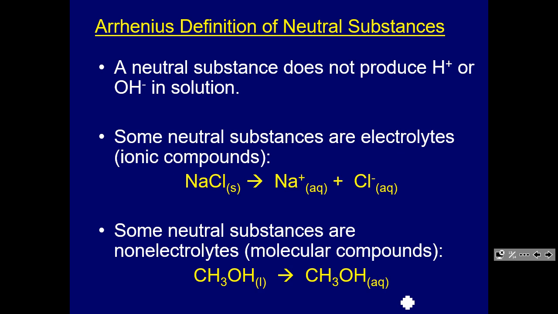Why doesn't that produce OHs? Because that OH doesn't fall off. It is stuck way too tight to the C, and it has 3 H's on it right there. That hangs on when it dissolves, so it does not fall off. Okay, how do you know? These are all nonmetals, and therefore it's molecular, okay? Where sodium hydroxide is a metal hydroxide, it will dissociate.